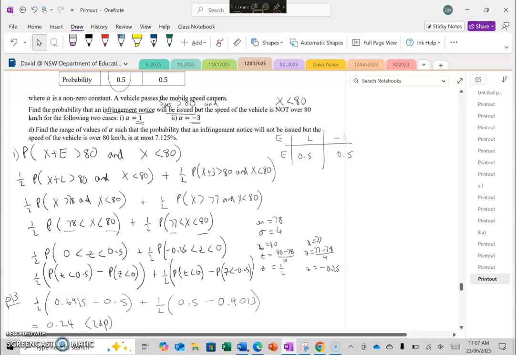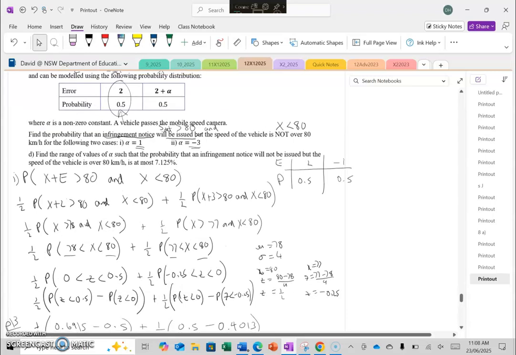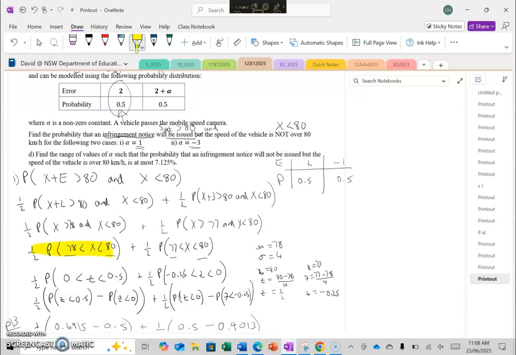So the first part here, sorry, that should be probability, matches exactly the same as the beginning part. So basically this first term here will be over here as well. So half probability between 78 and 80.